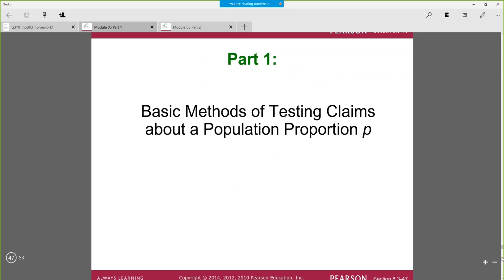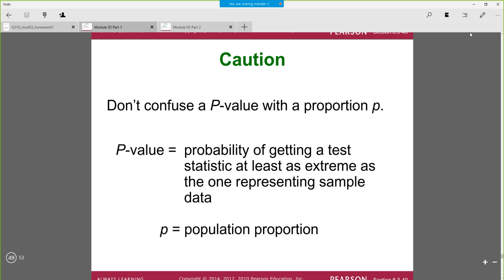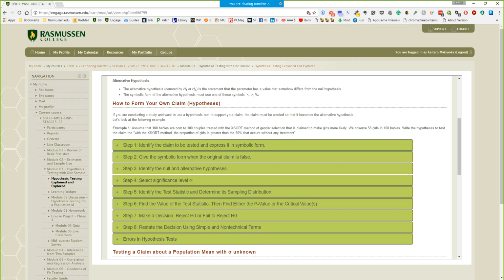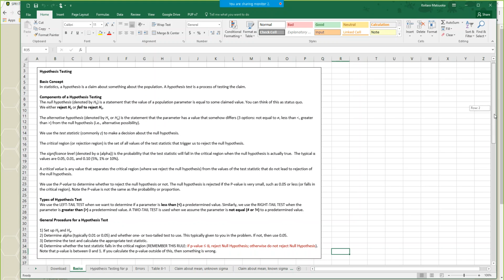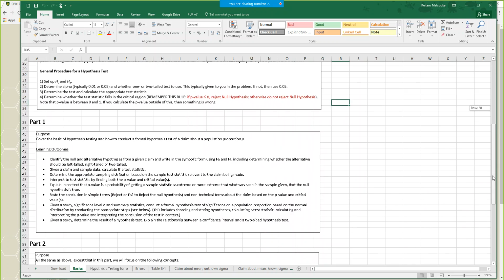So going to my spreadsheet. Here's just a quick overview of what I just covered.